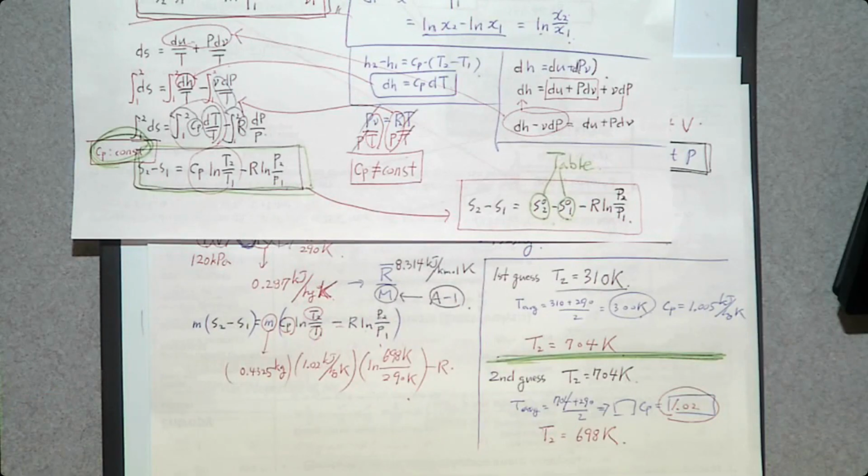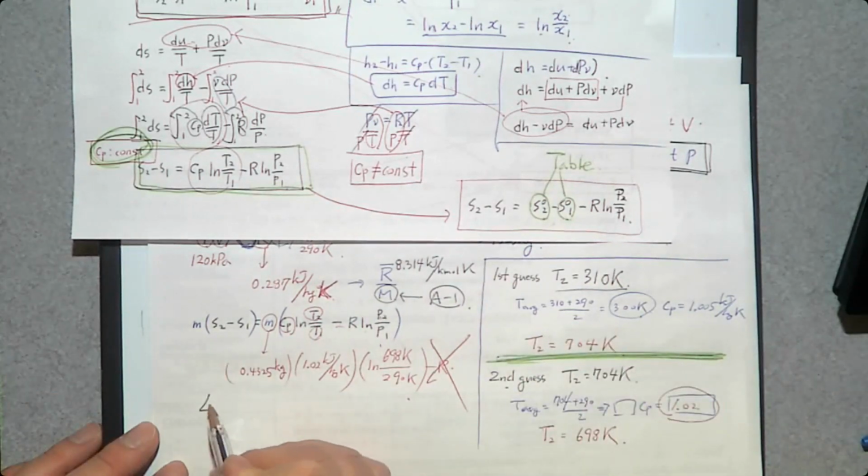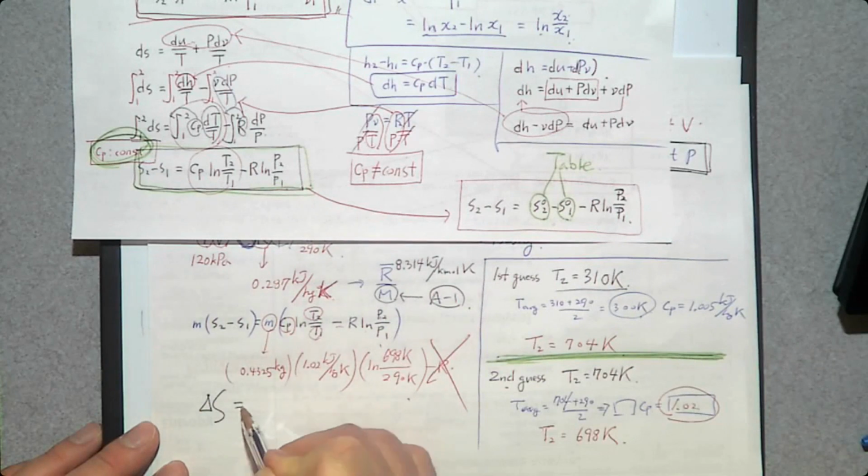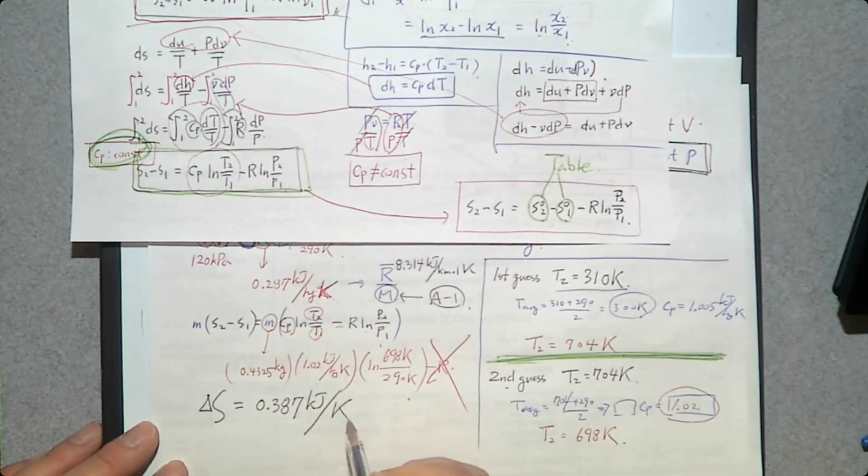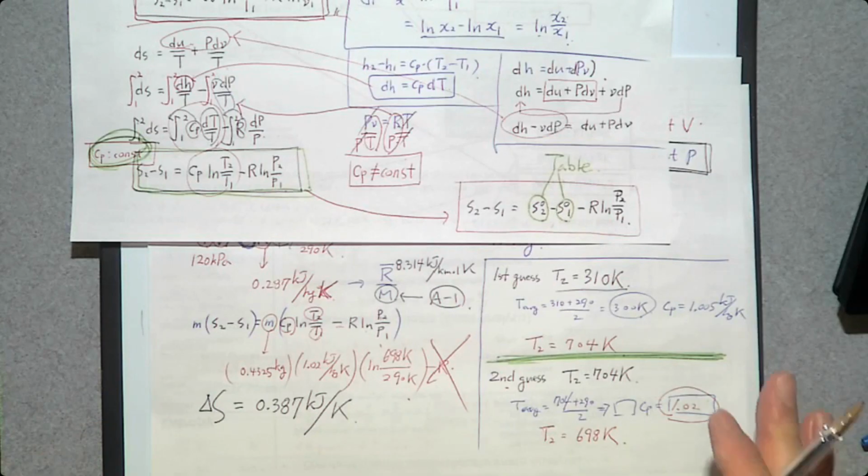So what is the natural log of 1? 0. So you can calculate entropy change. The total entropy change is going to be 0.387 kilojoule per Kelvin. That's when you assume constant specific heat.